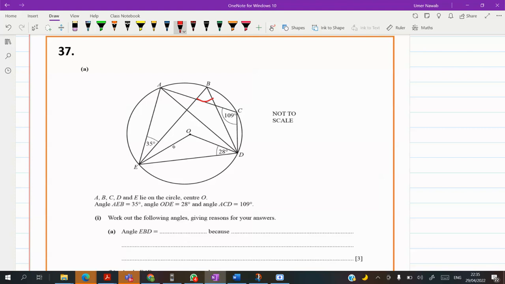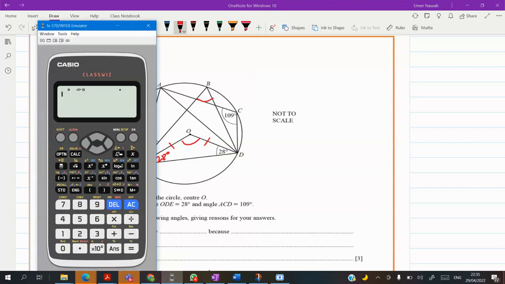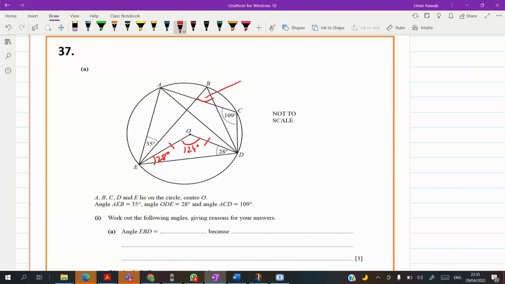Okay, let's move through isosceles. This is 28. So this is also 28. We can find this angle, 180 minus (28 plus 28). We get 124. So this is 124, and B is the half of 124, which is 62.